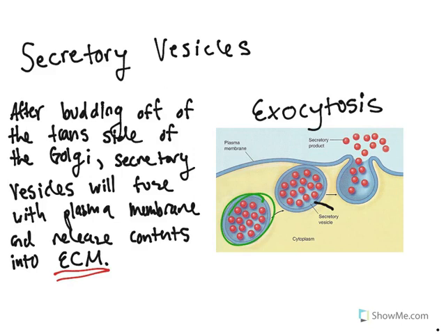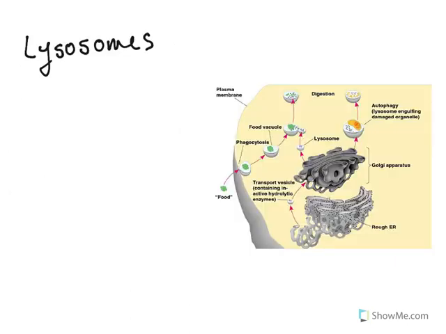So sometimes secretory vesicles will release their contents out, and sometimes they'll bring in various molecules. So we've got phagocytosis going on here with a little food molecule. And the reason I'm showing this picture in particular is because I think it does a really good job at connecting our lysosomes and their function to the endomembrane system.